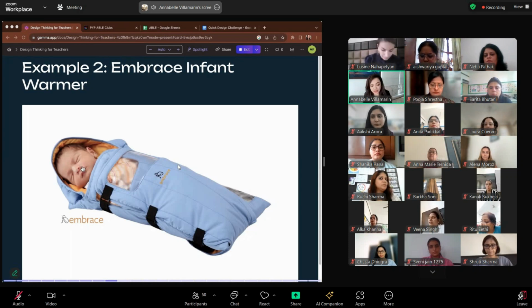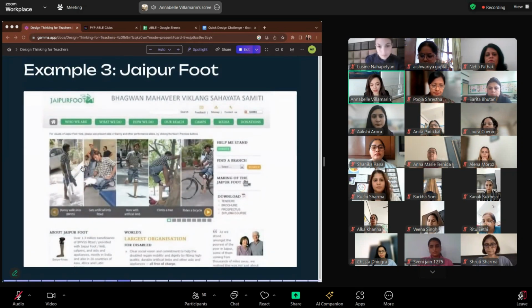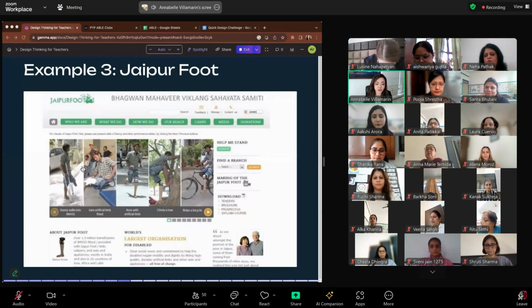I have a third example for you. These are real examples, and they have been proven to have gone through the design thinking protocol. This is from BMVSS. They use the design thinking protocol again to support amputees, really focusing on low cost, flexible, and durable prosthetics.